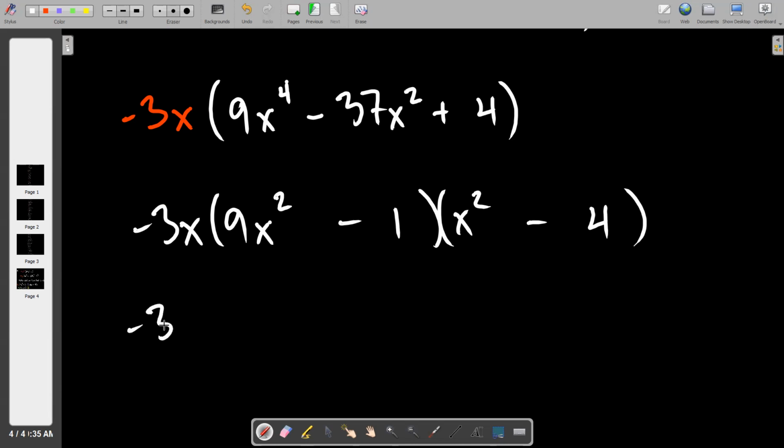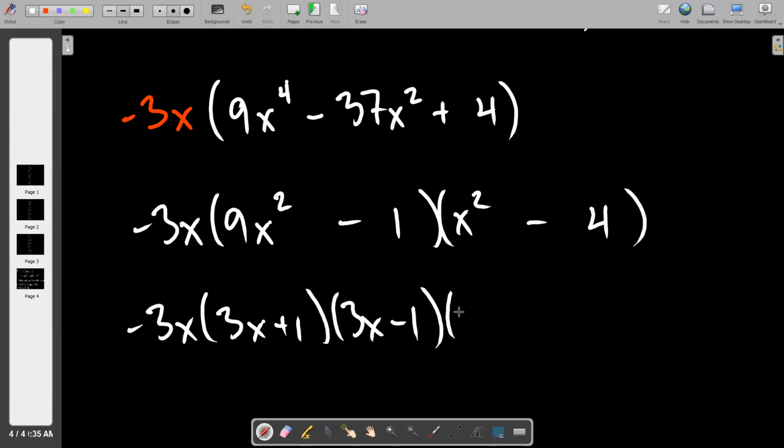So we have GCF, square root plus square root, minus square root. Oops, excuse me, I don't want x squared on that. X, square root plus square root, minus square root. That's a long problem.